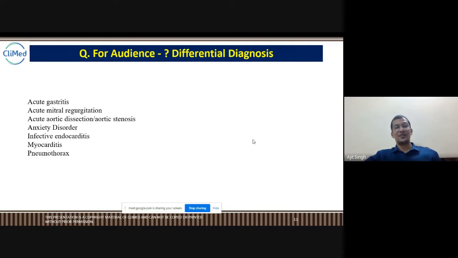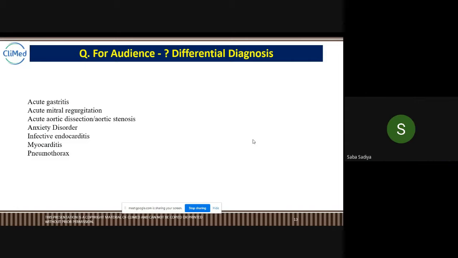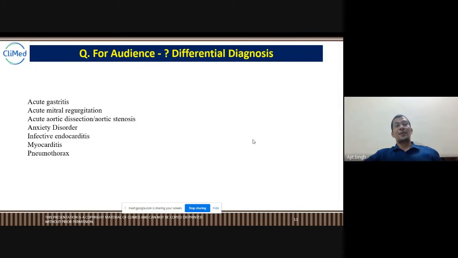There are multiple other diseases which have similar symptoms, but these are the major ones which come under the differential diagnosis of myocardial infarction, not only anastomy but all myocardial infarctions, or we can say for ACS.